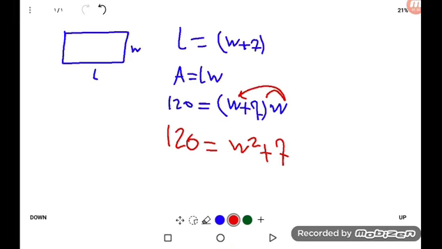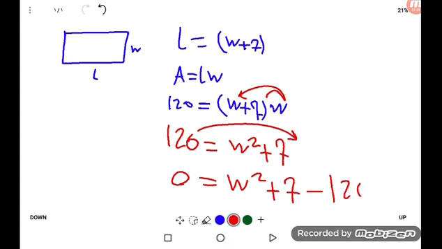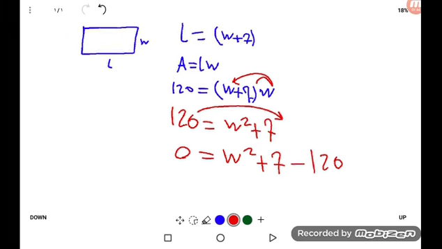Now we take 120 from left to the right, so 0 is equal W square plus 7W minus 120. So we have a quadratic equation.